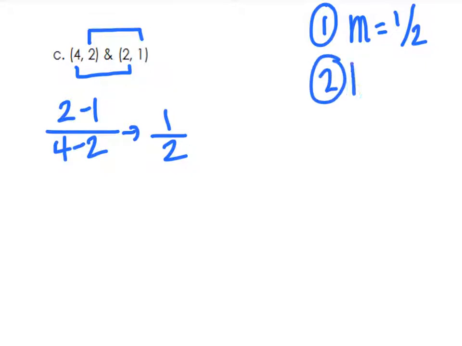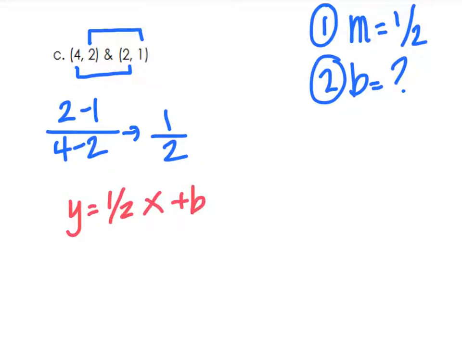Now, I need to find b. To do this, I'm just going to plug in that slope of 1/2. So y equals 1/2 x plus b. Then I'll choose an ordered pair. I'll just choose the first one, 4, 2. So 2 equals 1/2 times 4 plus b.